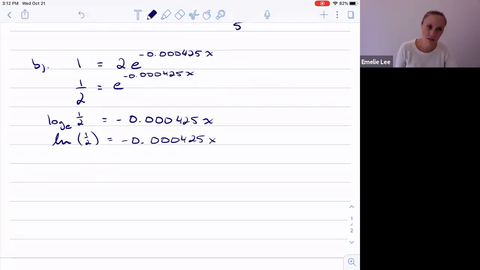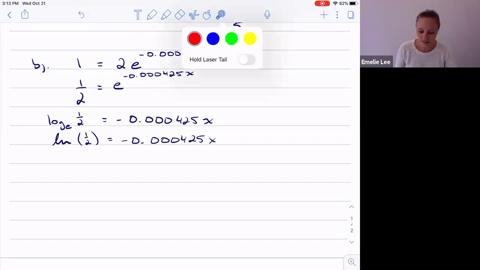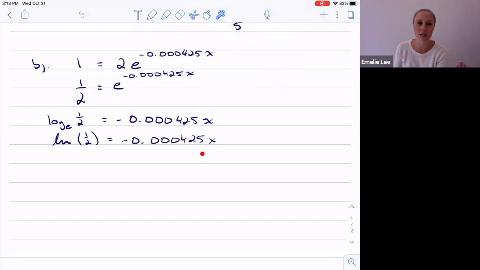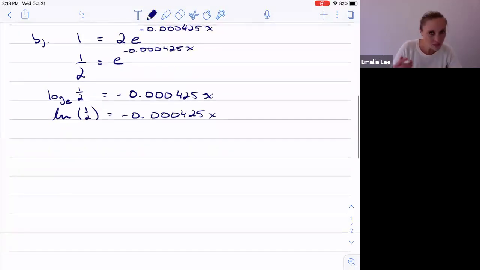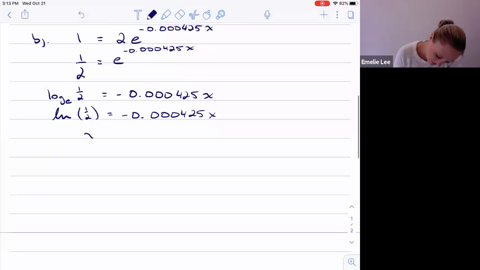Negative 0.000425x. Usually I do a little switcheroo at some point because I always like to have the x on the left-hand side. But remember, the equal sign is just a revolving door, right? So if I want to have the x on the left-hand side, I can just switcheroo things. Something like this.